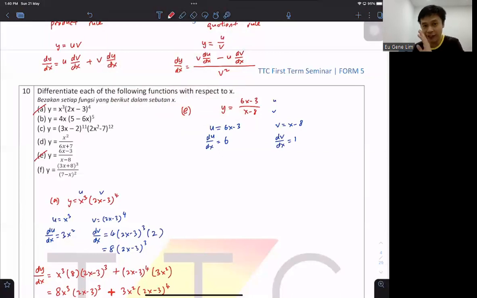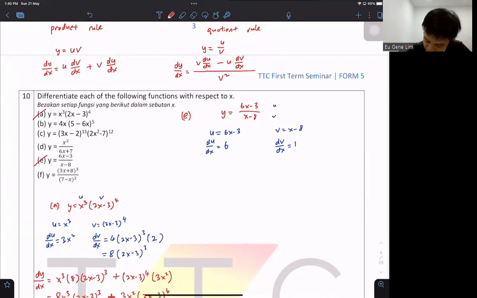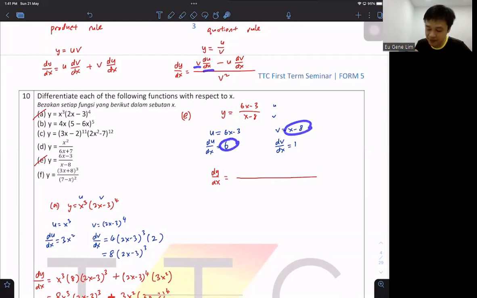Good. So now you have du dx, you have dv dx. Now you use the formula, the quotient rule. So dy dx equals, follow the formula: v du dx. v is x minus 8, du dx is 6.